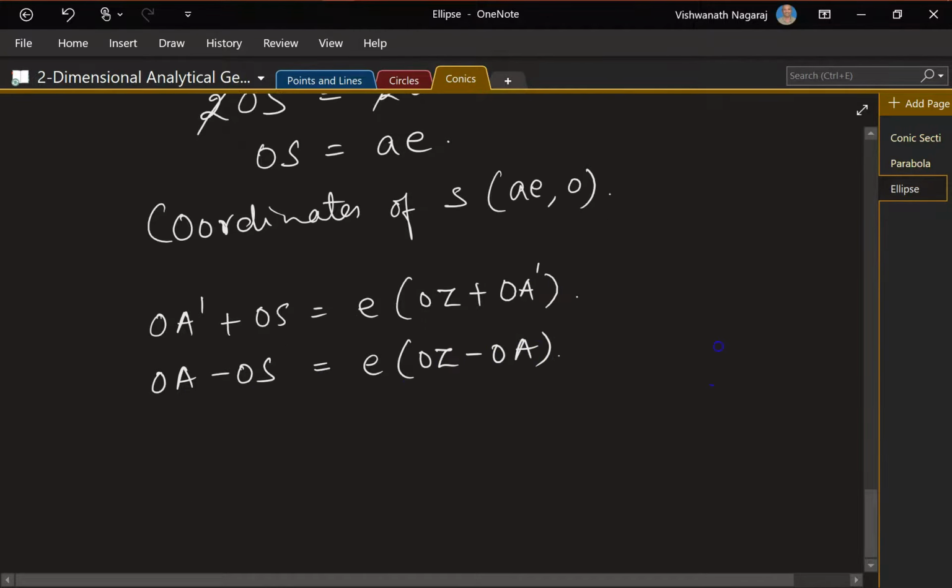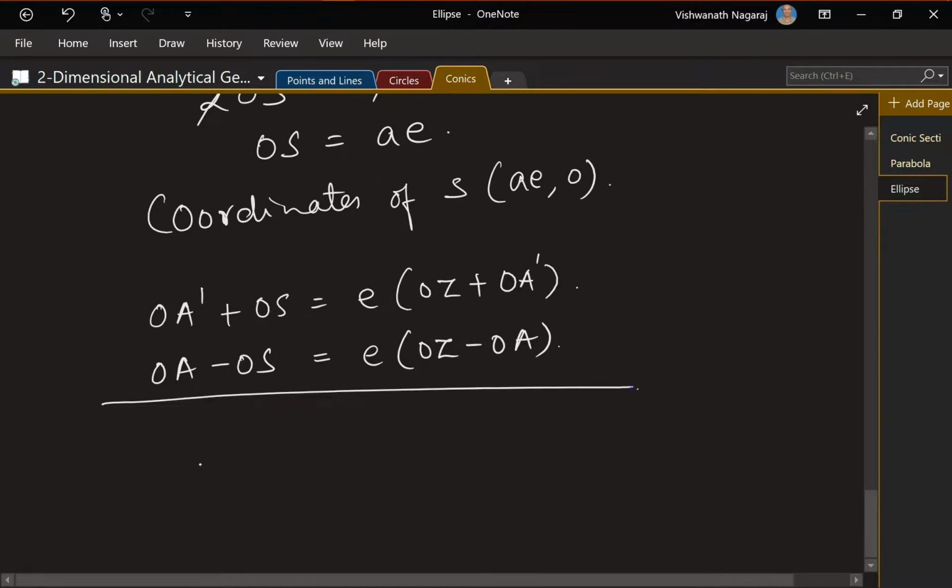And we are going to add. So which means OS will disappear now. And these two are equal to A. So 2A is equal to EOZ plus EOA dash plus EOZ minus EOA.